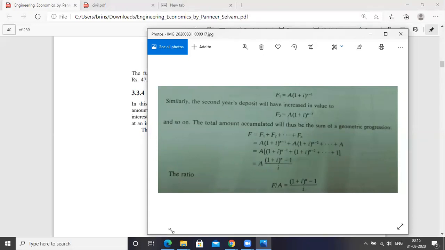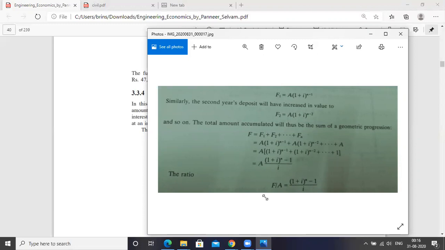Because we will be using this part in the sinking fund factor also, that's the reason why I'm explaining this. The numerical value of this factor can be obtained directly by using this formula, or you can use a set of compound interest tables, which economists used to use.